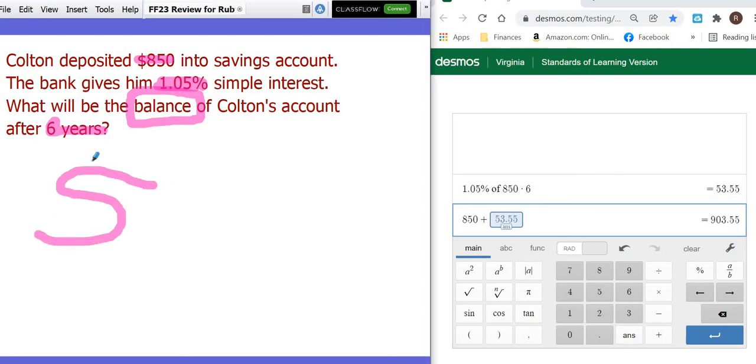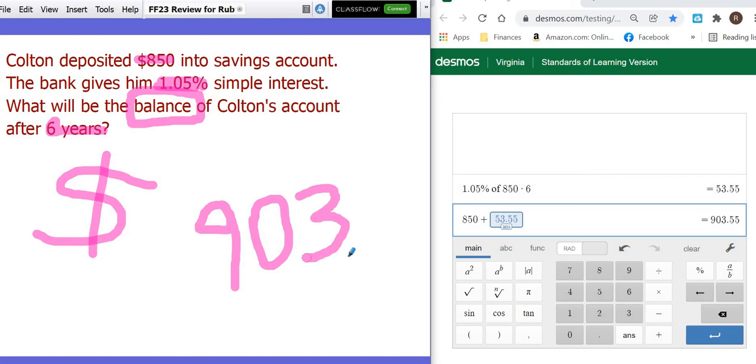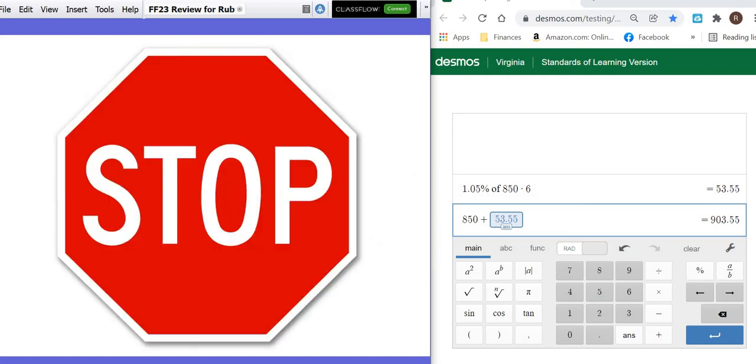So that means our balance after 6 years will be $903.55. If they had just asked for the interest, it would be $53.55. But they asked for the balance, so we had to add it. Okay? So again, triple check that you're answering the question that's being asked. All right.